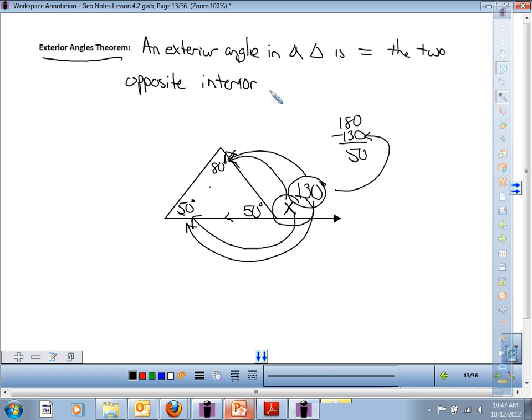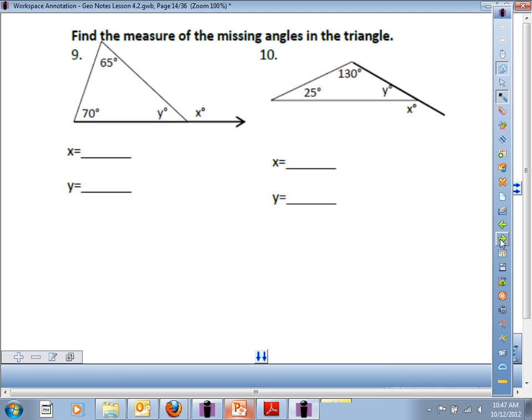I should have put sum in there. I forgot to. Okay, is equal to the sum of the two opposite interior angles. Okay, so you can pause this and continue writing that down. I'm going to continue on. Okay, so you can rewind and pause that if you need to get that whole definition.